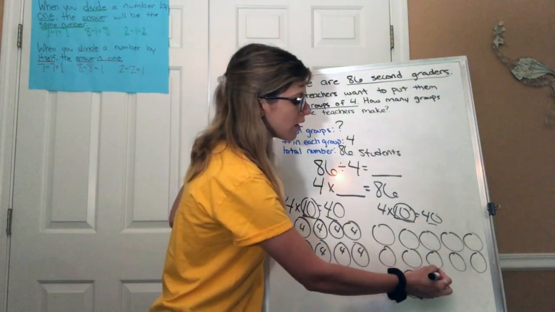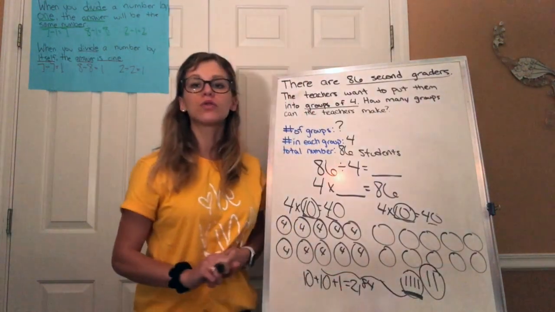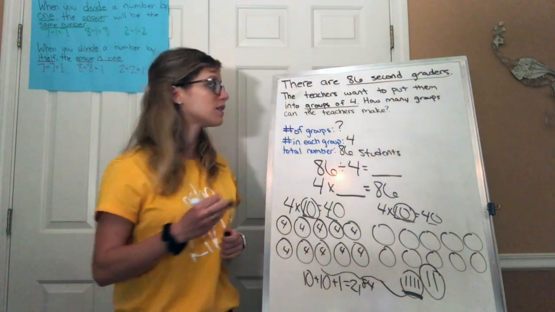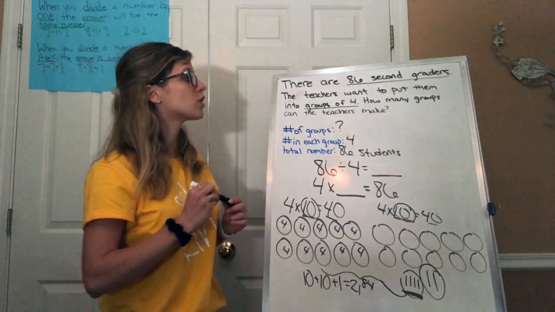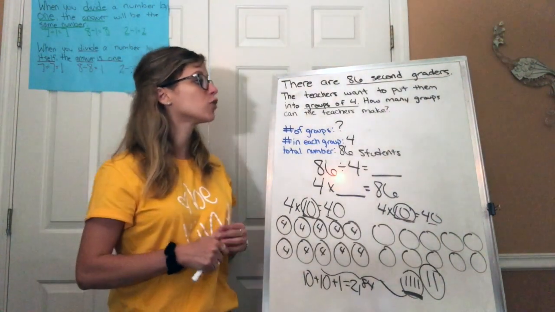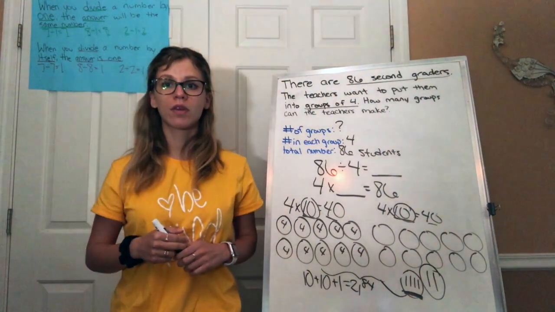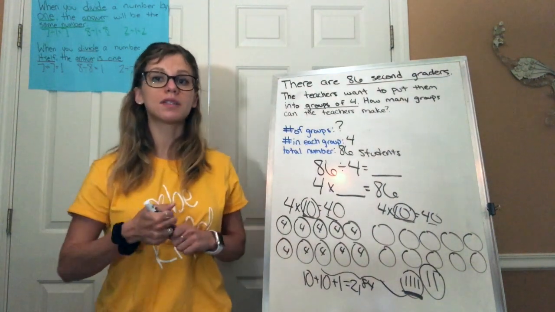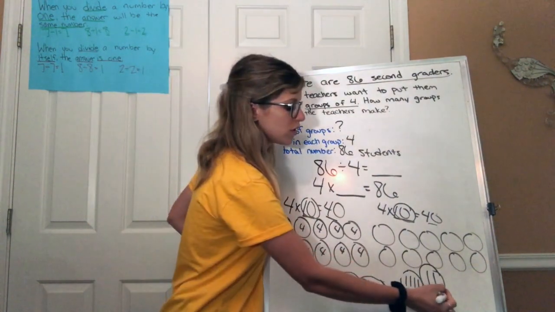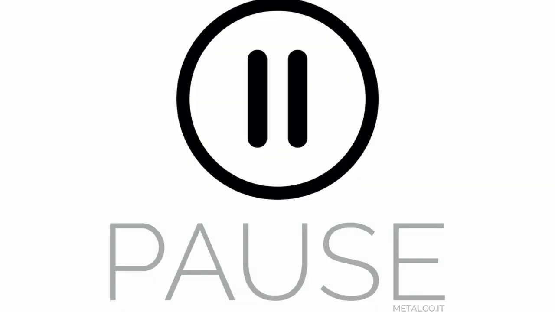How can I write this with those 2 students that are left over? It's saying the teachers want to put them into groups of 4. How many groups can the teachers make? Pause me and think about what am I going to say to include these 2 students that are left over.